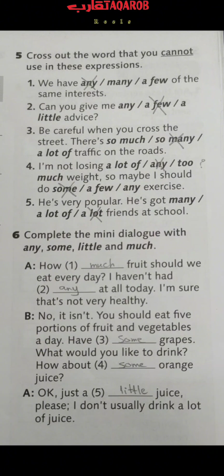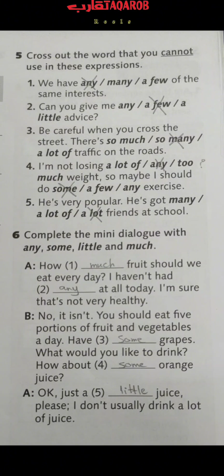Both of them can be used with this sentence. Any can also be used with the question form, such as can you give me any advice, or a little, can you give me a little advice?